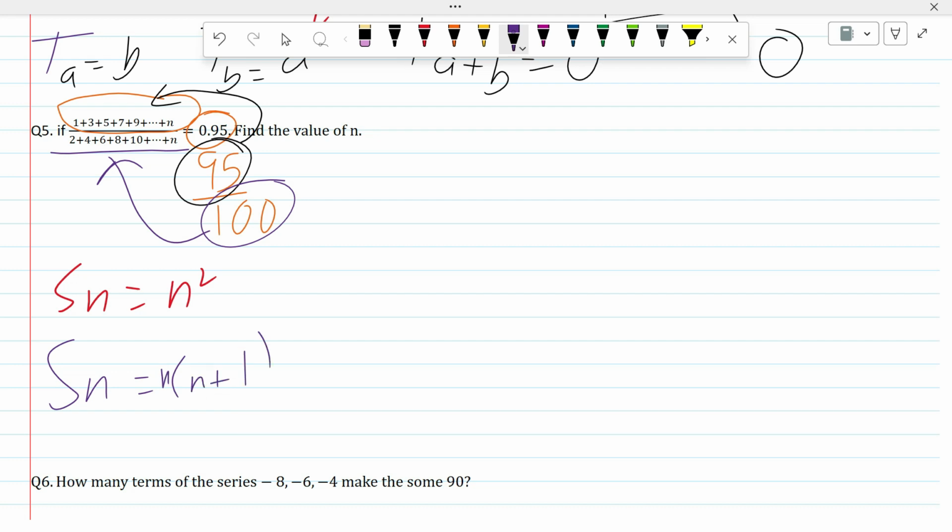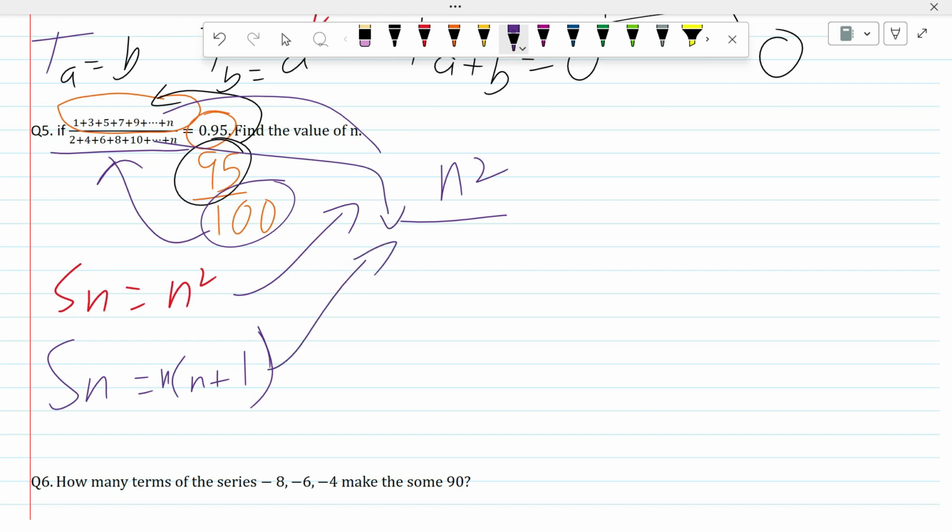Now let's solve. If I put these values here, n square upon, if I place this instead of this, I will get n into n plus 1. So this is 95 upon 100.